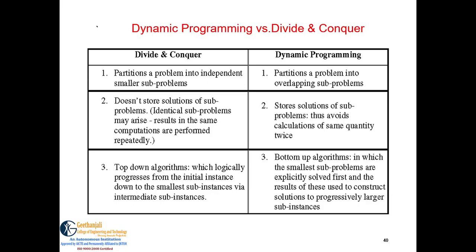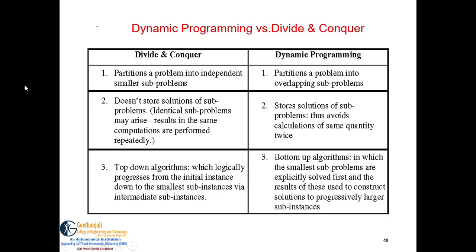When you divide the problem into sub problems in the divide and conquer model, all the problems you solve are disjoint sub problems. When the problem is big, you divide it into smaller sub problems. In dynamic programming you are also dividing, but when you perform this division, most of the sub problems are overlapping. Because of that, we are reducing the time complexity basically.